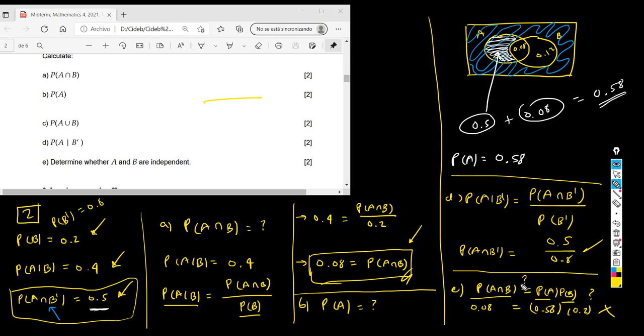What that means is that they are not independent because they don't satisfy this equation. And this equation is always satisfied whenever A and B are independent. And that's it. So this is not true. Well, they are not equal. And that finishes the problem number 2.